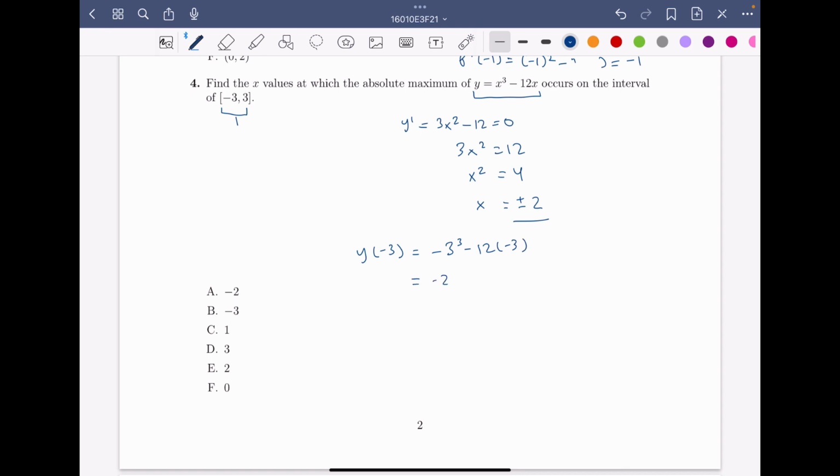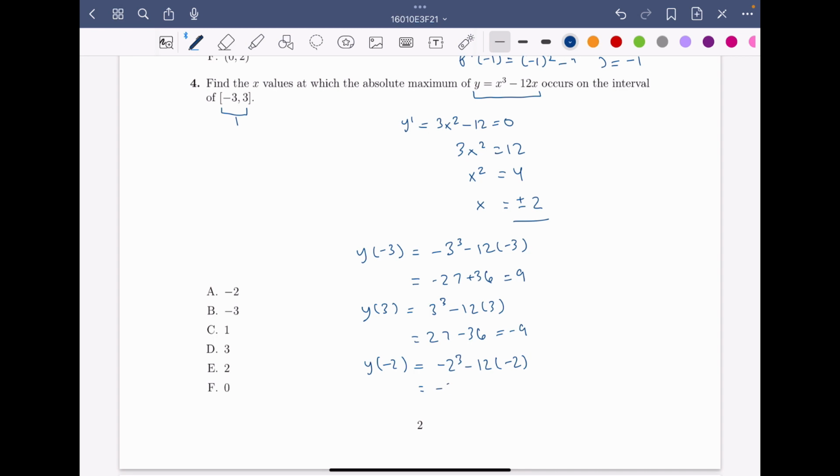So it gives us negative 27 plus 36, or 9. Let's do 3 next. Y of 3 equals 3 cubed minus 12 times 3, which equals 27 minus 36, which gives us negative 9.